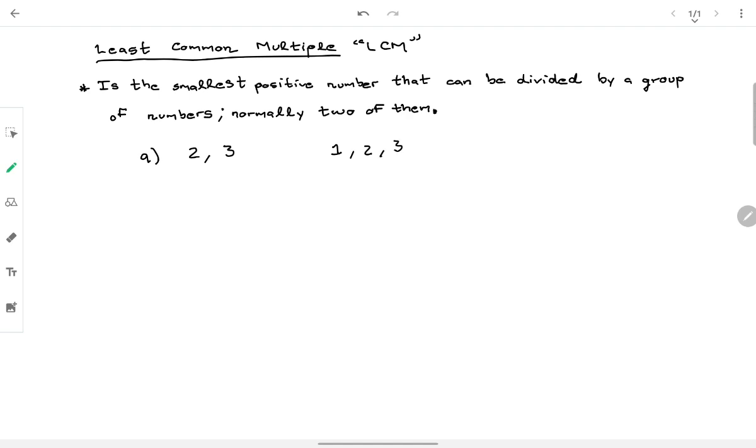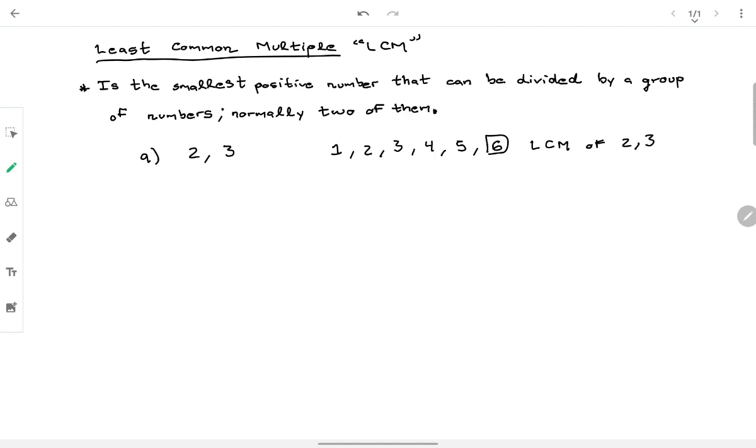Number 3 is divided by 3 but not by 2. Number 4 is divided by 2 but not by 3. Number 5 is divided by neither 2 nor 3. And number 6 is divided by both 2 and 3. So 6 will be the least common multiple of 2 and 3.